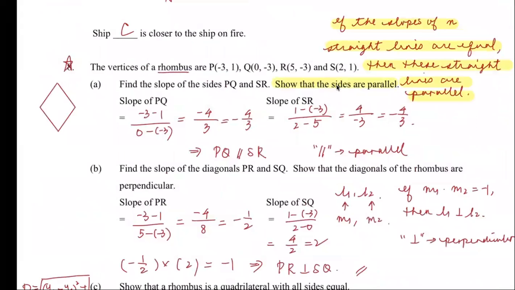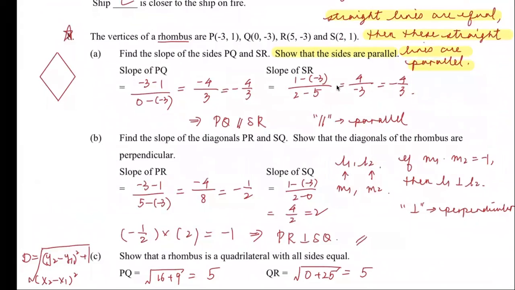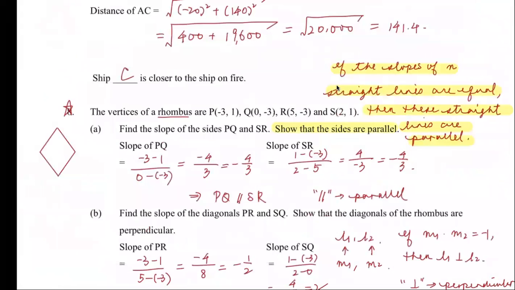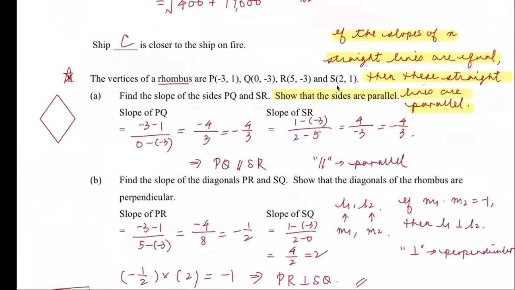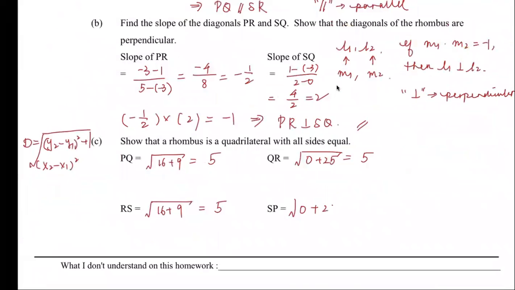SP is equal to square root of 1 minus 1, that's 0. 0 squared, that's just 0, right? Plus 2 minus -3, that's 2 plus 3, which is 5. 5 squared, that's 25. So it's also square root of 25, which is 5.